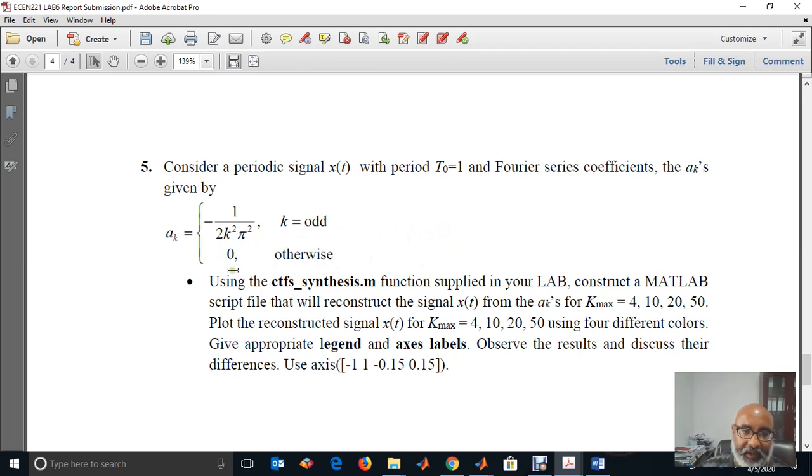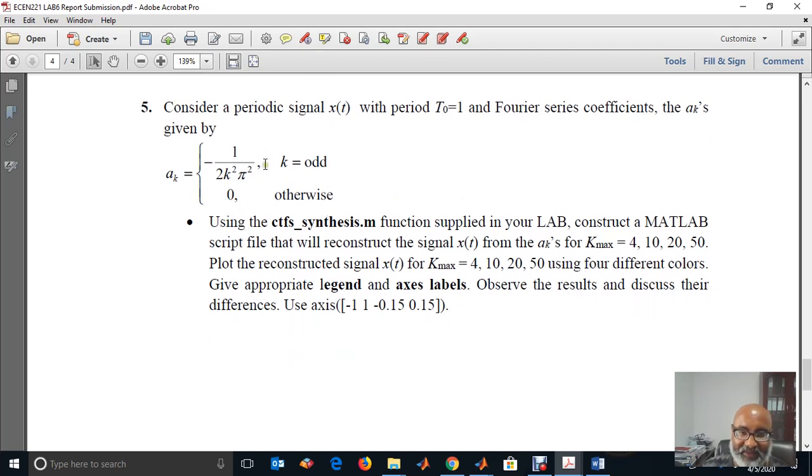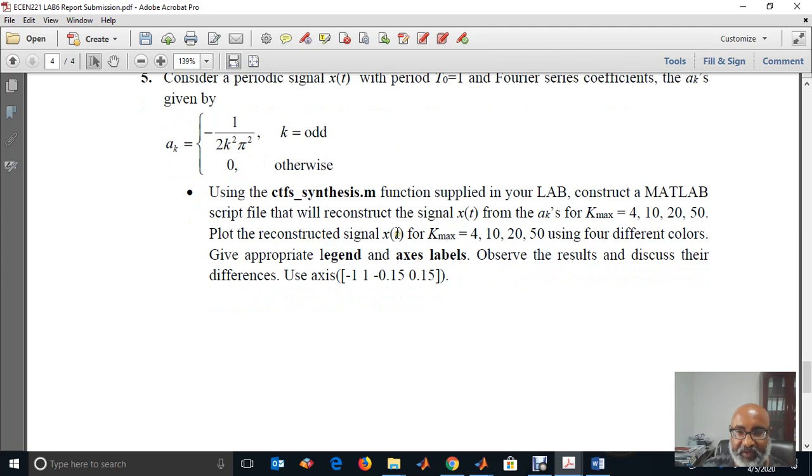Okay? And 0 otherwise. For the even numbers, that means 0, 2, 4, 6, 8, -2, -4, -6, and so on. So you have to define the a_k's in your script file when k is odd and when k is even, and you use this formula to build your script file.